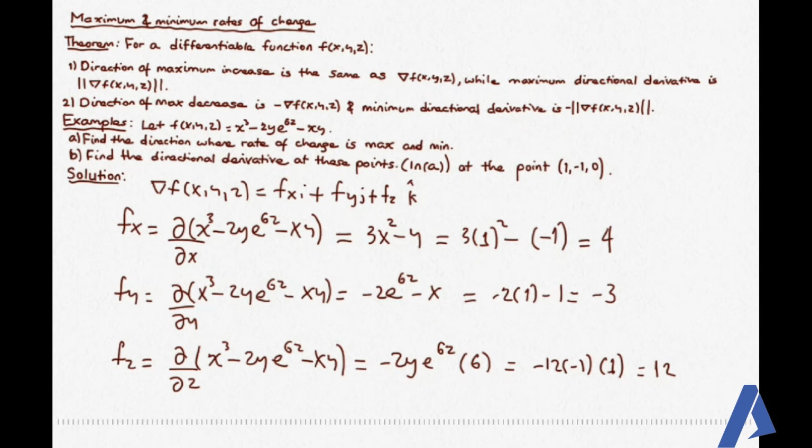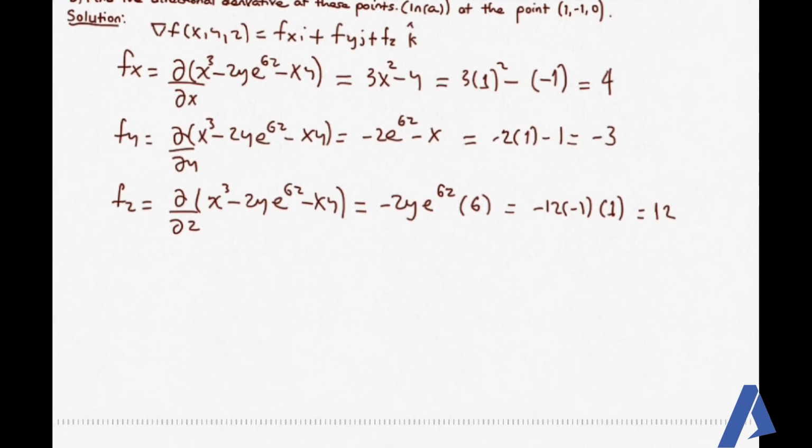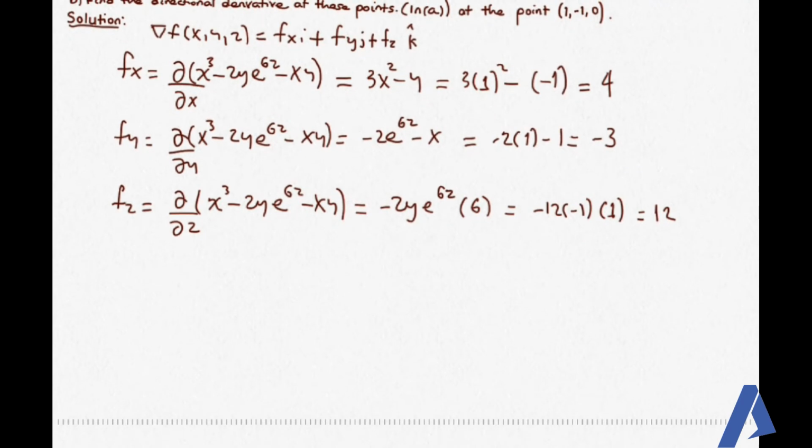ስለዚህ በዚህ መሰረት አንድ ሲምፕል የሆነ ኤግዛምፕል እናያለን። for the function find the direction where rate of change is maximum and minimum ይላል። ስለዚህ እዚህ ጋር for simplicity the derivative of the function with respect to x, y እና z ካልኩሌት አድርጌያቸዋለሁ at the point 1, -1 and 0። ስለዚህ the gradient in this case will be 4 in the i minus 3 in the j plus 12 in the k.